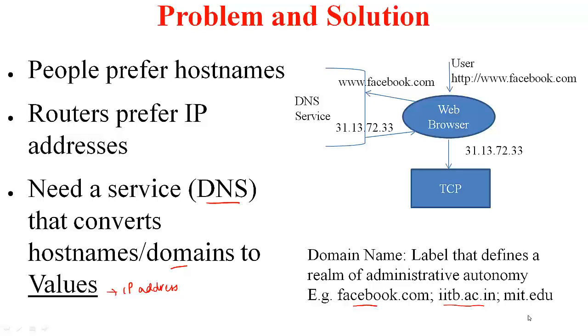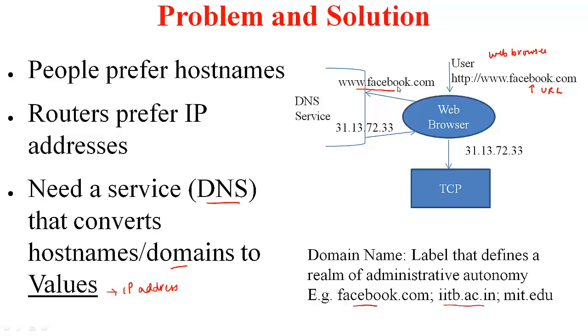So how does DNS work? This example shows. Suppose you are a user. If you type in your web browser this particular URL, what your web browser program does is call the DNS service and ask it what is the IP address corresponding to this particular host name.